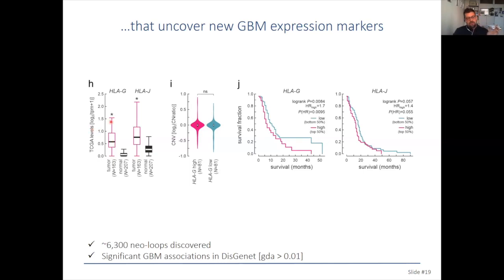It is on average overexpressed over normal tissue. This overexpression is not because of copy number variation. You can see the copy number variation here between the high and the low patients, but patients that have a high expression of this gene, presumably because of this neoloop forming, actually have a poorer survival prediction. Overall, we have more than 6,000 of these neoloops to look into.